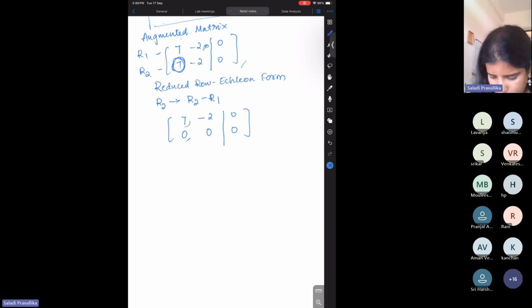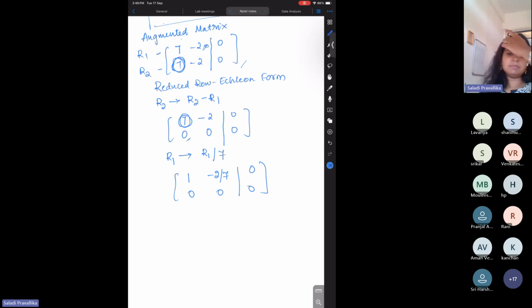Now, what I want to do is I want to make this equal to 1. Right? So, for R1, I divide the whole thing by 7. Okay? So, 7 by 7 is 1. And then minus 2 by 7, and 0 divided by anything is 0, and then 0, 0, 0.